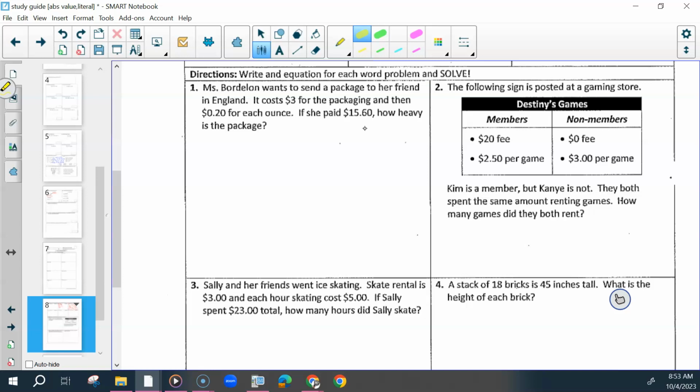So what is important here? $20 fee, as well as the $0 fee. Anything else? As well as $3 per game.